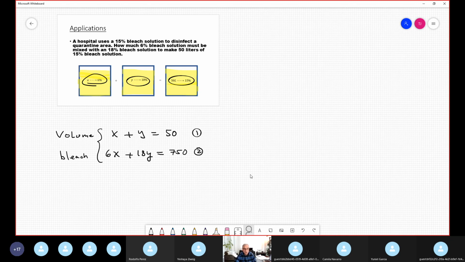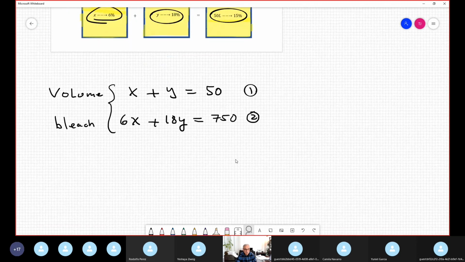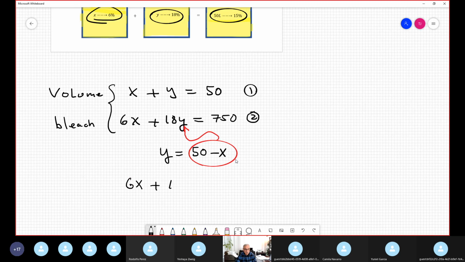For example, let's do it. You solve for y here. Y alone is 50 minus x. And substitute this expression here. So we have 6x plus 18 times parentheses 50 minus x equals 750.